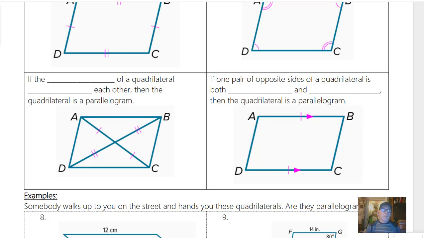Here we're dealing with diagonals bisecting each other. If the diagonals of a quadrilateral bisect each other, then the quadrilateral is a parallelogram. And if one pair of opposite sides of a quadrilateral is both parallel and congruent, then we have a parallelogram.